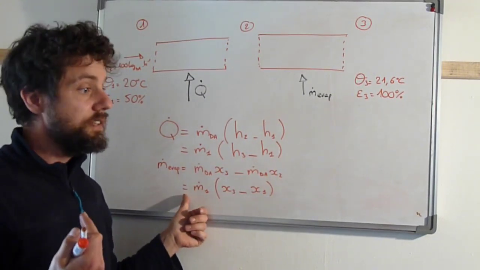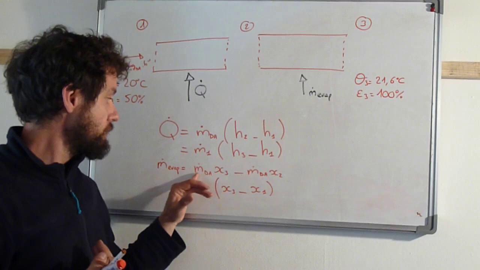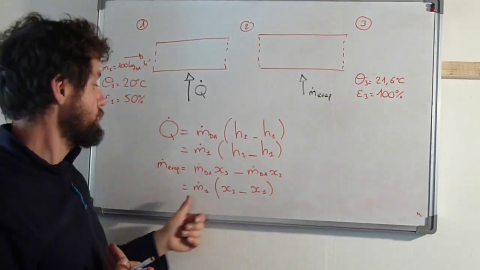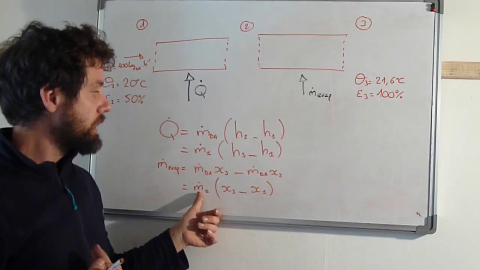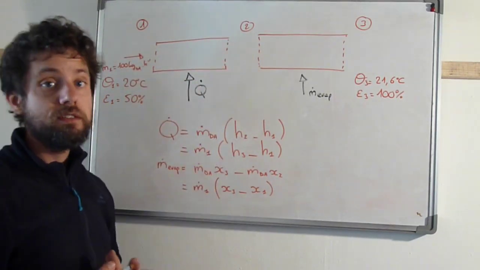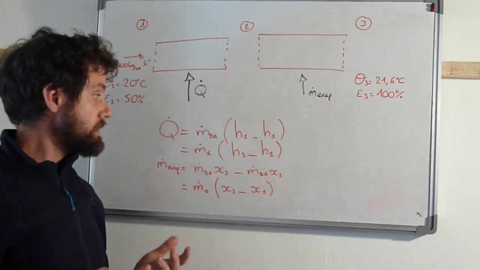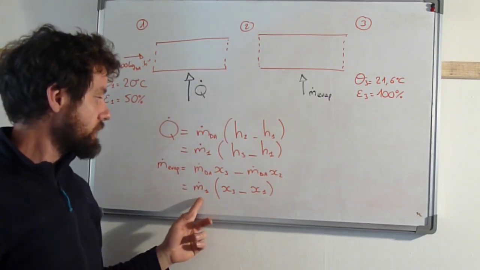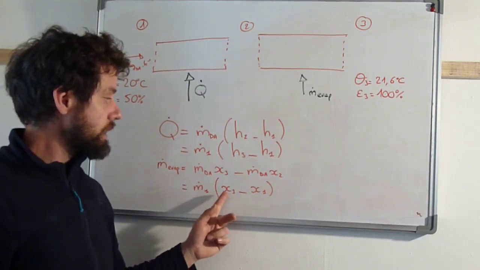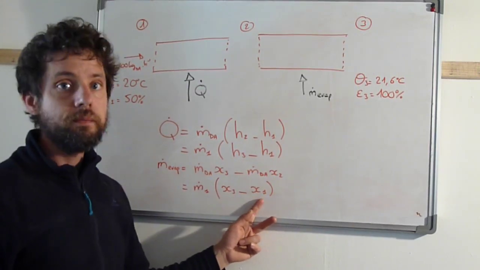If we write this with the data that were given, mass flow rate of dry air is still M1, the mass flow rate of dry air entering the system, and we know that between point 1 and point 2 the moisture content stays even, so we can write this as the mass flow rate M1 times X3 minus X1.